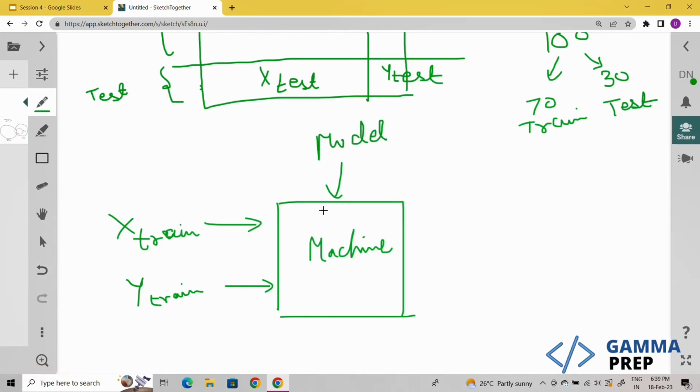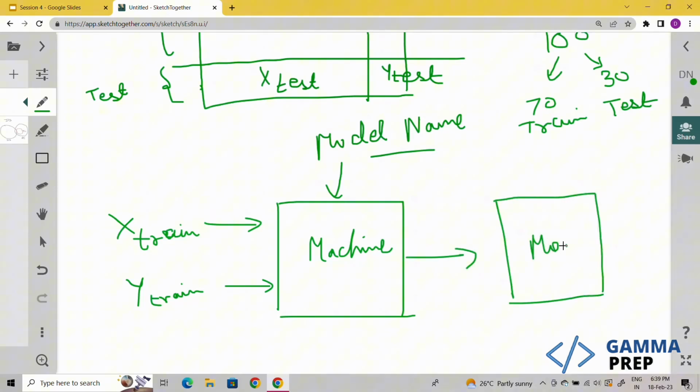Then I will say that, hey, build this model for me based on this data, and then a model will be built for you based on the data that you provide. So you are already providing the inputs as well and the outputs also. So now the machine will figure out how can Y be figured out from the X that you are providing. So a model will be built.